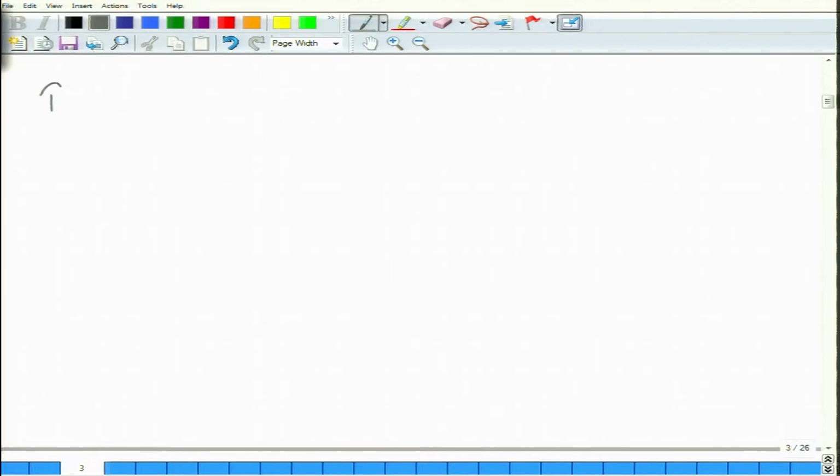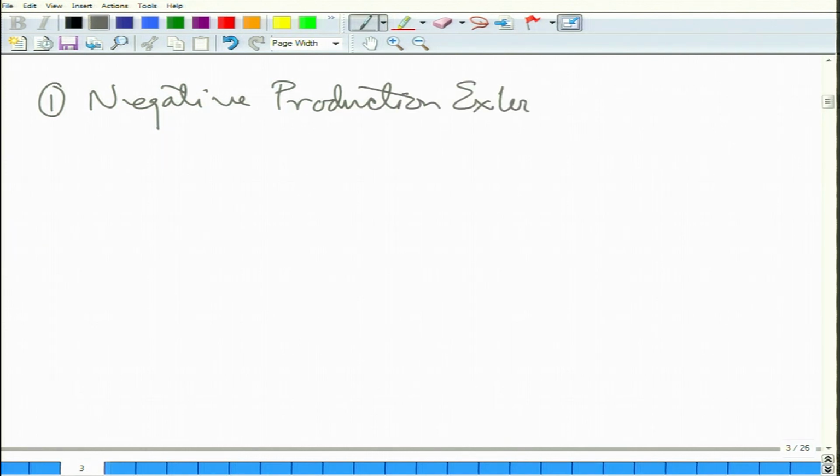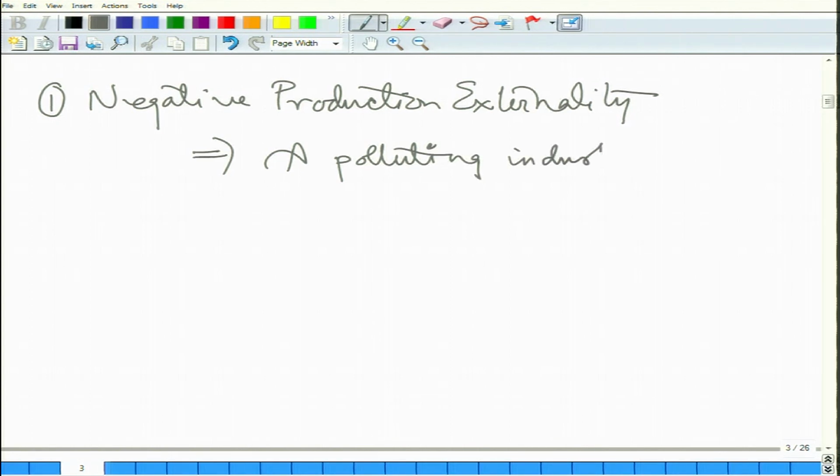Let's say one is negative production externality. The easiest example is a polluting industry. It can be a polluting firm which is causing air pollution in a certain locality.